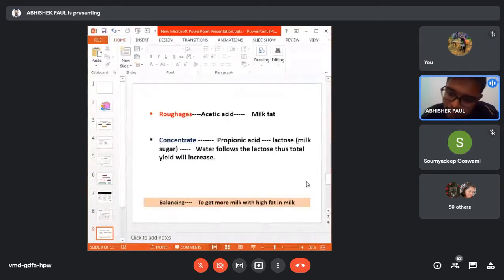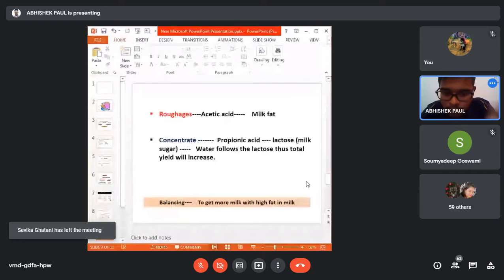The milk which contains less fat, the price will automatically reduce. So from the farmer's perspective, and for the cow also, if you balance the feed in terms of roughage and concentrate, then you will get more milk with more fat. That will be more economical for the farmer.